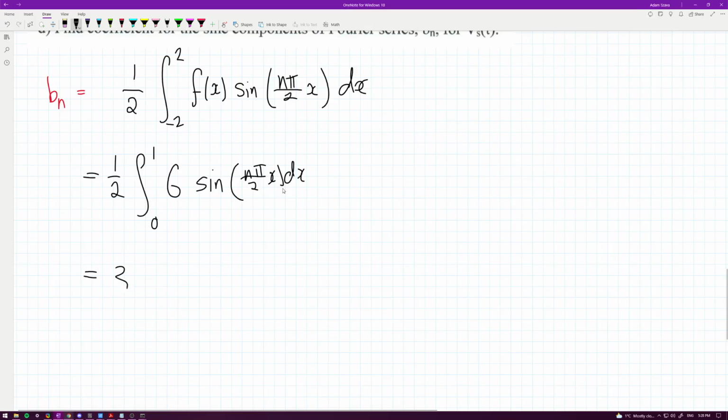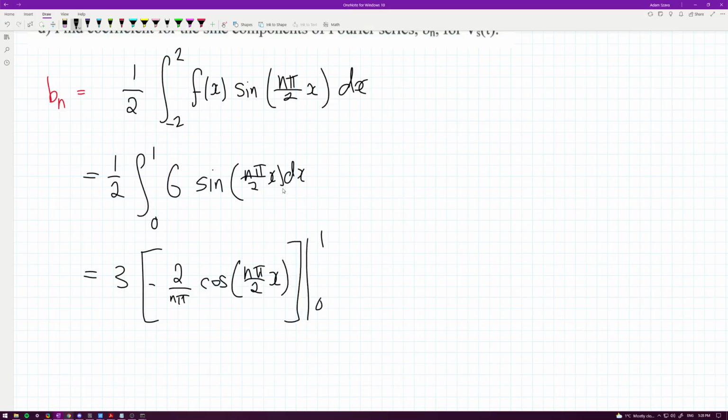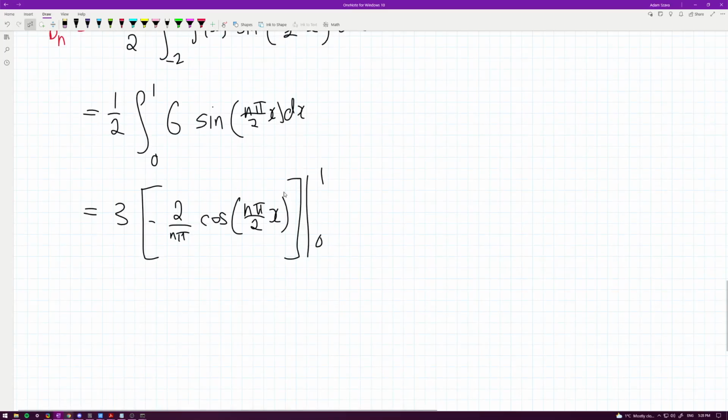So this is 3 times negative 2 over n pi, cos n pi over 2x, evaluated from 0 to 1. Yep, that looks right to me. Cosine of 0 is 1, so we do have to account for that.